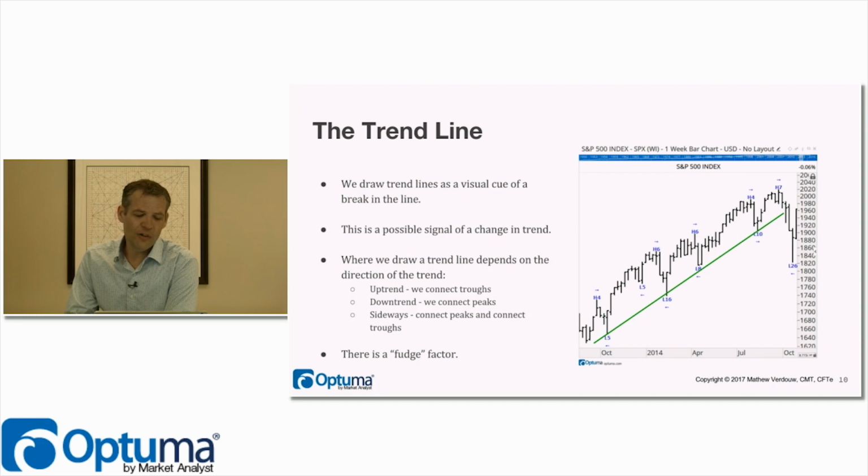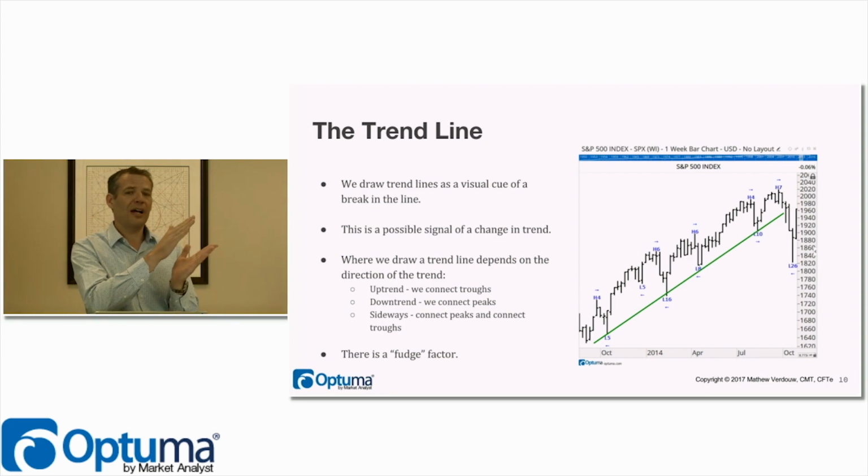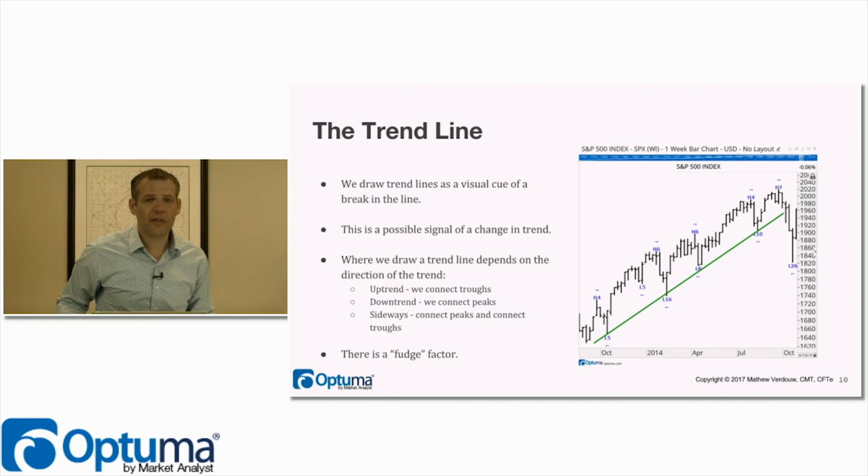And so what we're looking for with trend lines now, whenever the trend is up, we draw our trend lines underneath the troughs. We're looking for higher troughs, and we're looking for a break, for a low or a trough that is going to break through that line. And so that's why we have our trend line coming up underneath a rising market.